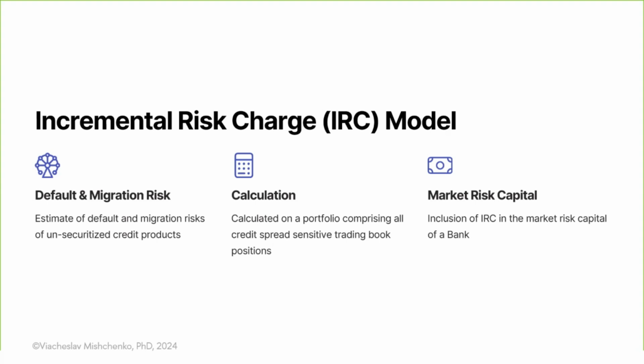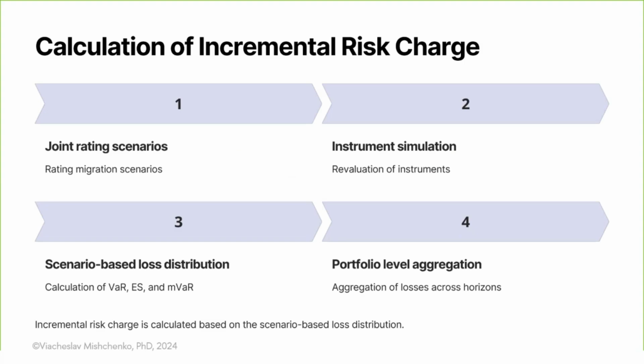And when we apply this, we also assume a constant level of risk. What does it mean? That means either a static portfolio or rebalancing as ratings change, for example. It's a simplification for sure, but it helps us isolate the credit risk component. The next one: what is the calculation of the incremental risk charge?